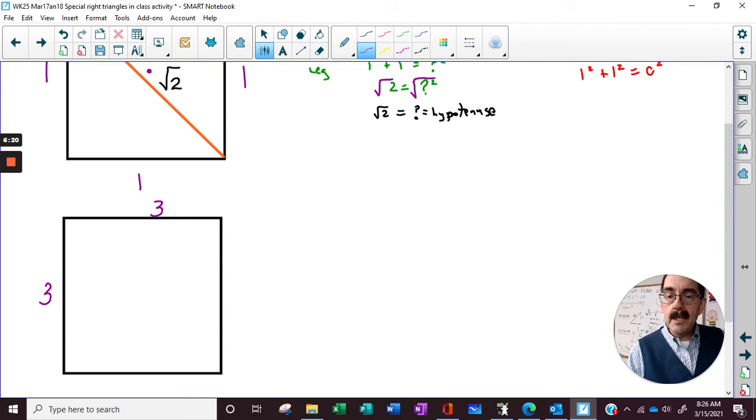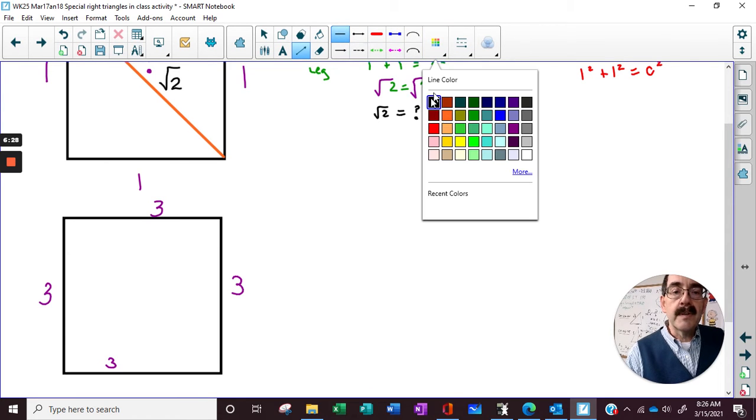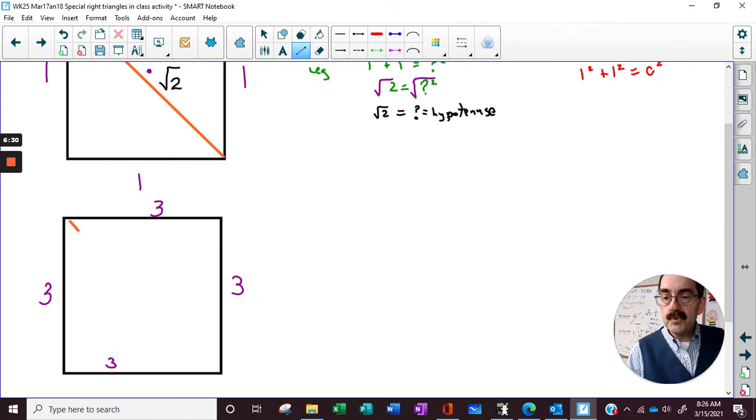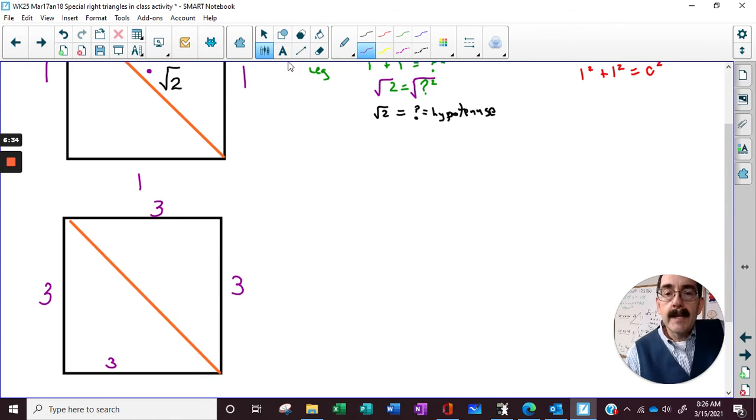A 3 and a 3. Okay, and now this time we want to find the diagonal. Boom. Okay, and I always like to redraw the 45, 45, 90. So we got a 45, we got a 45, and we got a 90.